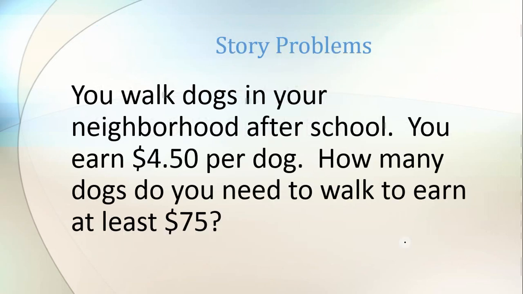Now, some story problems, and you see inequalities a lot in your life. You walk dogs in your neighborhood after school. You earn about $4.50 per dog you walk. How many dogs do you need to walk to earn at least $75? So, for each dog I walk, I get $4.50. So I know that, let's say D is the number of dogs I walk.